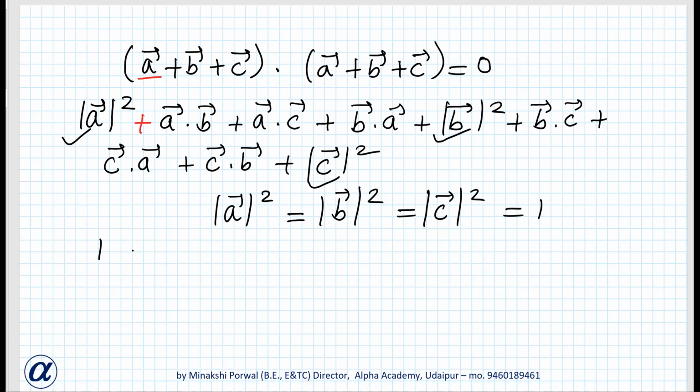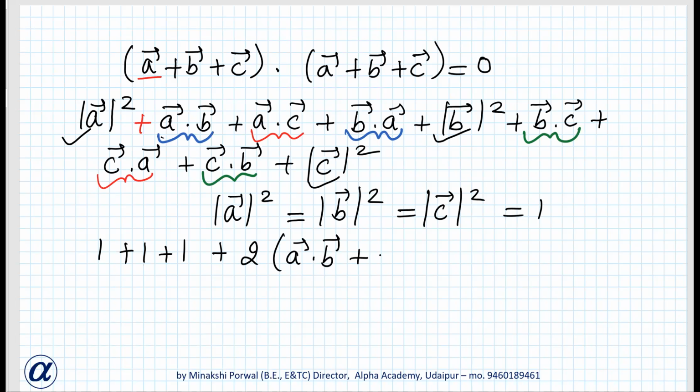So we can write 1 plus 1 plus 1. A dot B and B dot A are the same. Similarly, A dot C and C dot A are the same, and B dot C and C dot B are the same. So we can write 2 times A dot B plus 2 times B dot C plus 2 times C dot A equals 0.